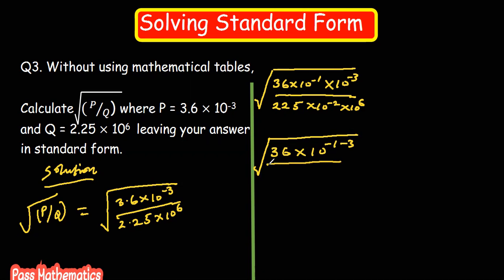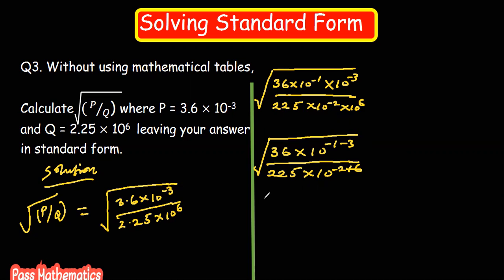Then 225 times 10 raised to the power of minus 2 plus 6. This is supposed to be plus too, but because of the minus sign, minus times plus is minus. So that's why we write it as that.